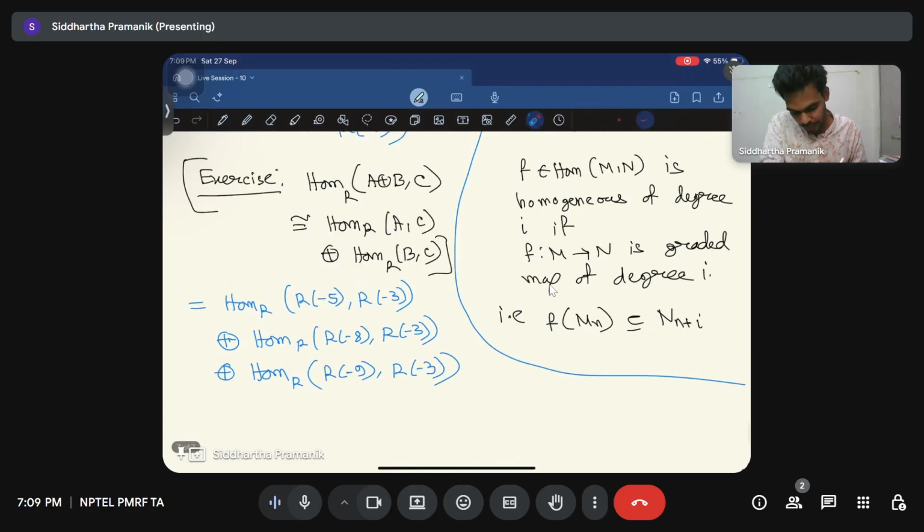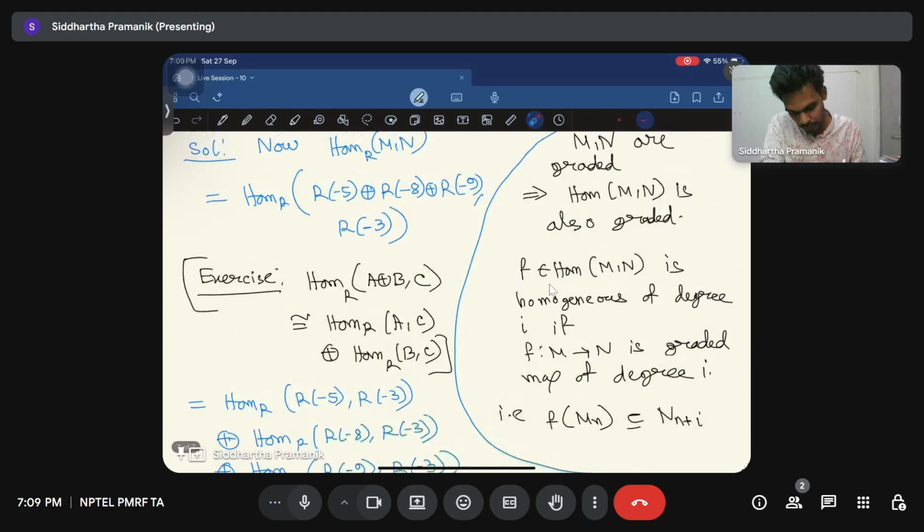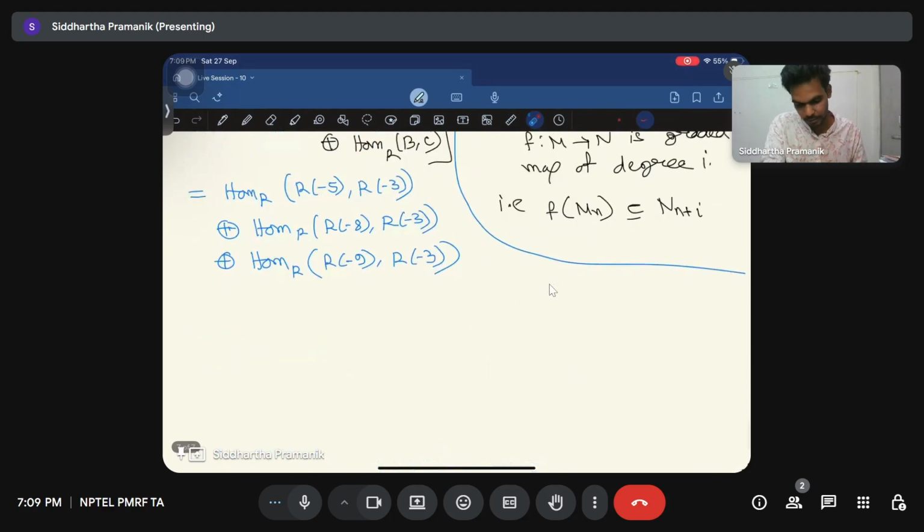So we have broken this thing into three directions.